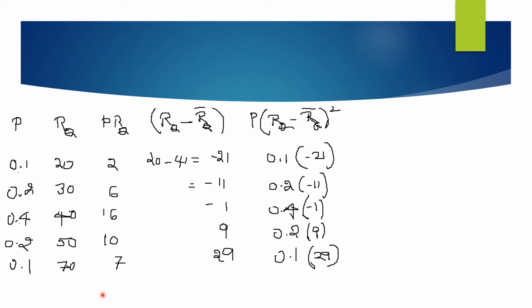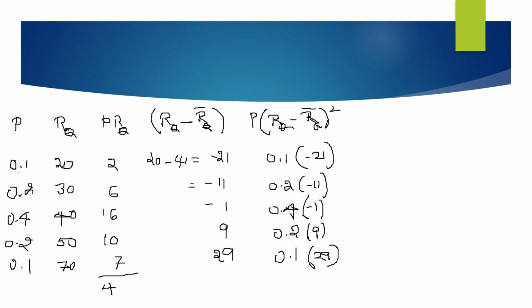So what is R bar Q here? You have to summate, that is, you have to add all the values of returns from stock Q. So for that you have to add these values. So it will be 9, so that is 41, right?